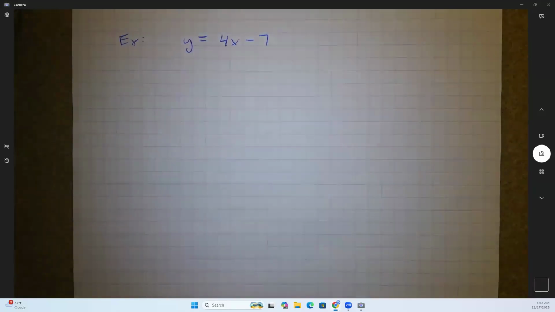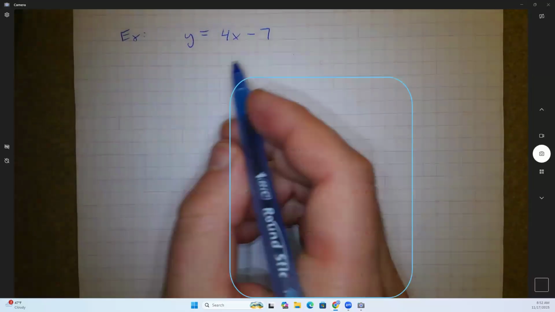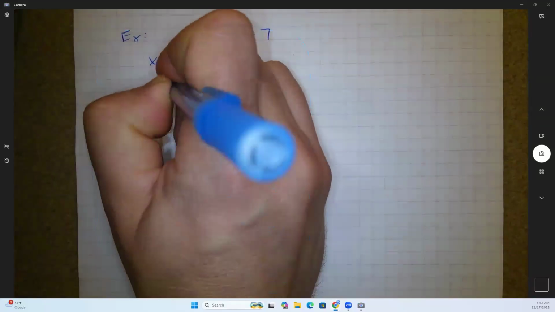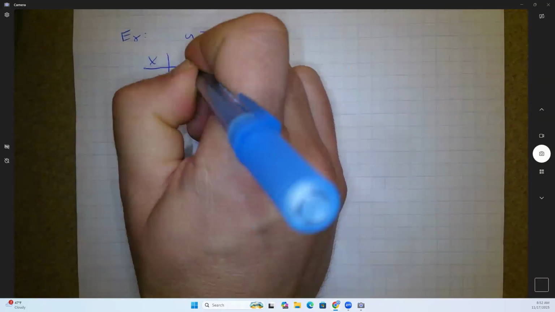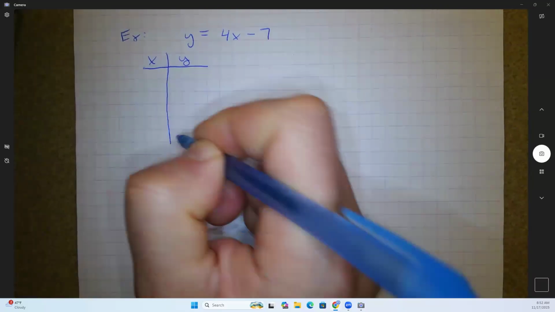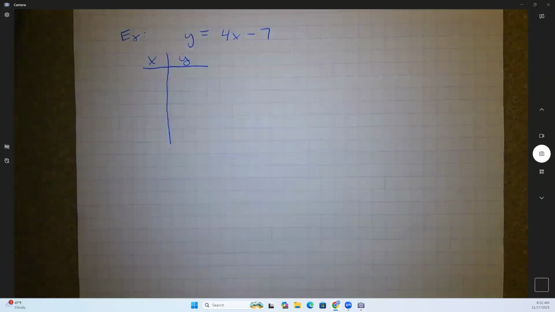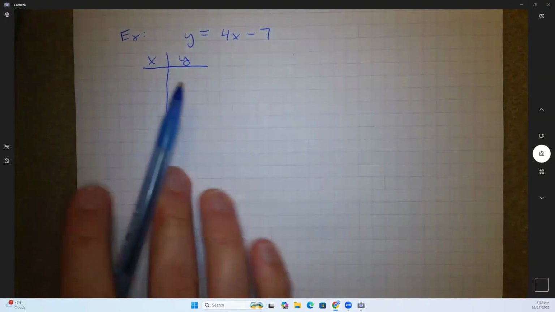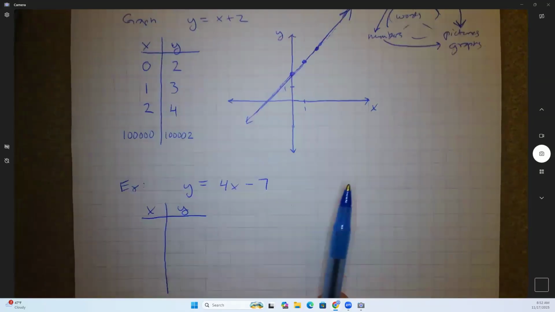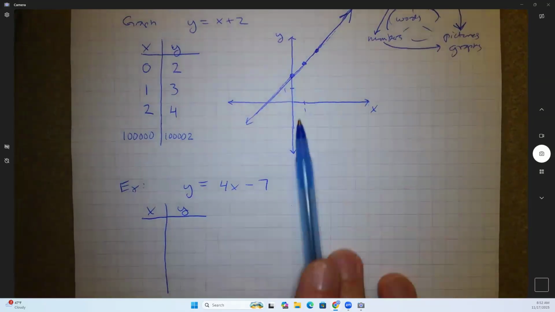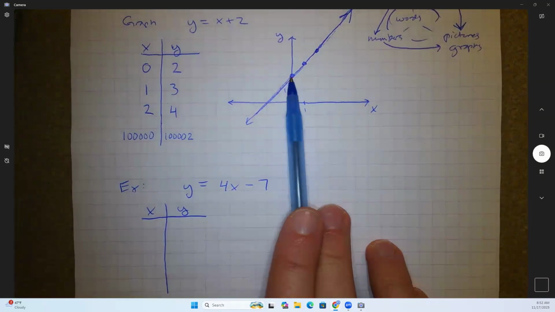And let's try to graph that one. So before graphing it, I'm going to build a table to get some reference points. And it's always nice to start with x equals 0. When x is 0, you have to be on the y-axis. That's what it means for x to be 0. Right? So it gives me a good starting reference point right in the middle of my picture.